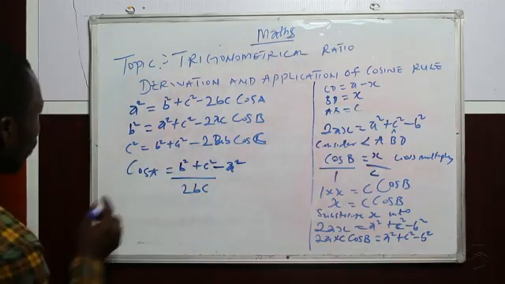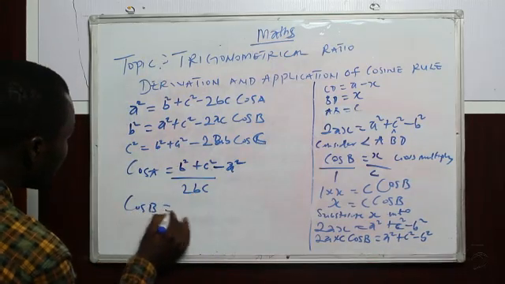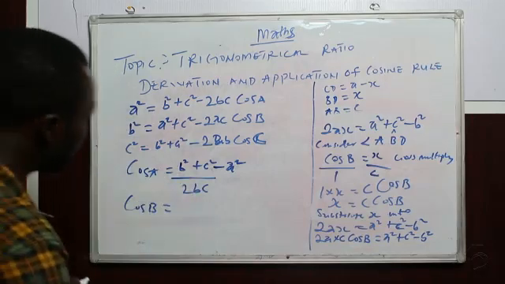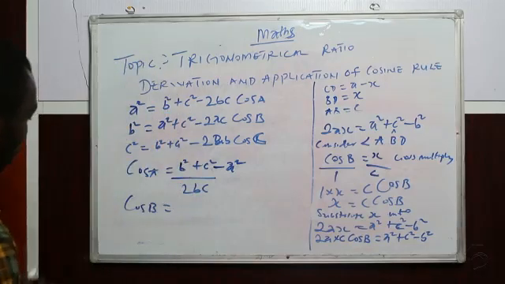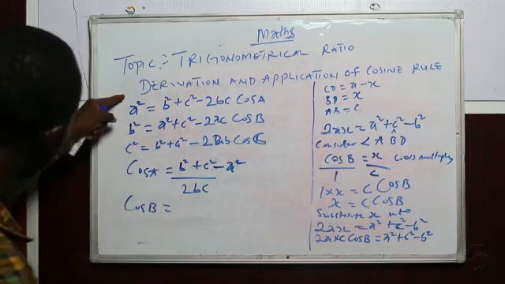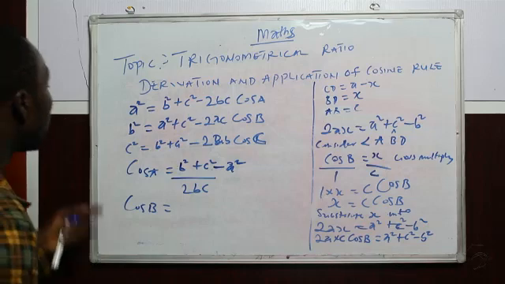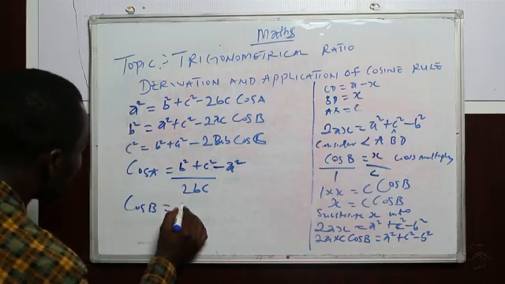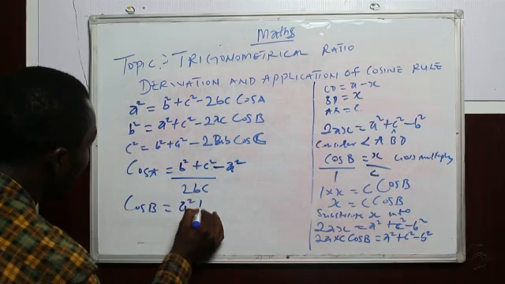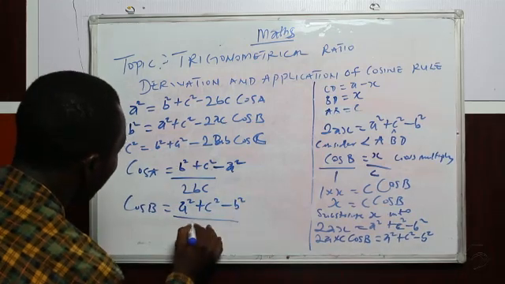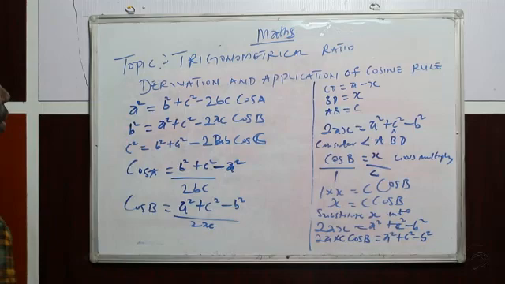So also, when we deal with cos B, look at the board very well so I can get the knowledge. What is our cos B? We find the side, it remains the angle. Using cosine rule, cos B is equal to a squared plus c squared minus b squared over 2ac. Very simple.